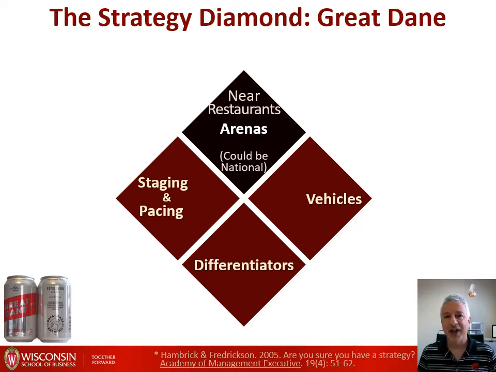But having said that, there isn't anything about the Great Dane brand, if they're successful, that would prevent it from even expanding to be a national brand should they be very successful. It's not impossible, but one would imagine that the resource that they're leveraging is more valuable in and around their restaurants in Wisconsin.